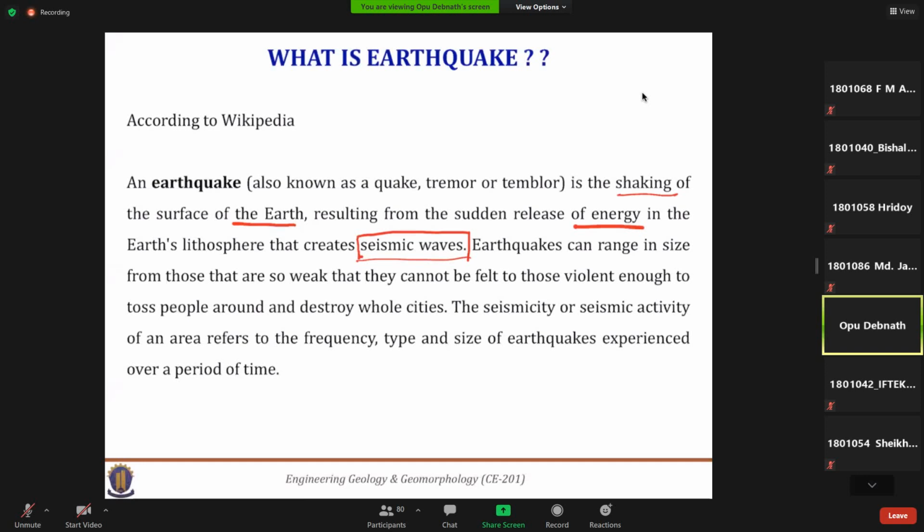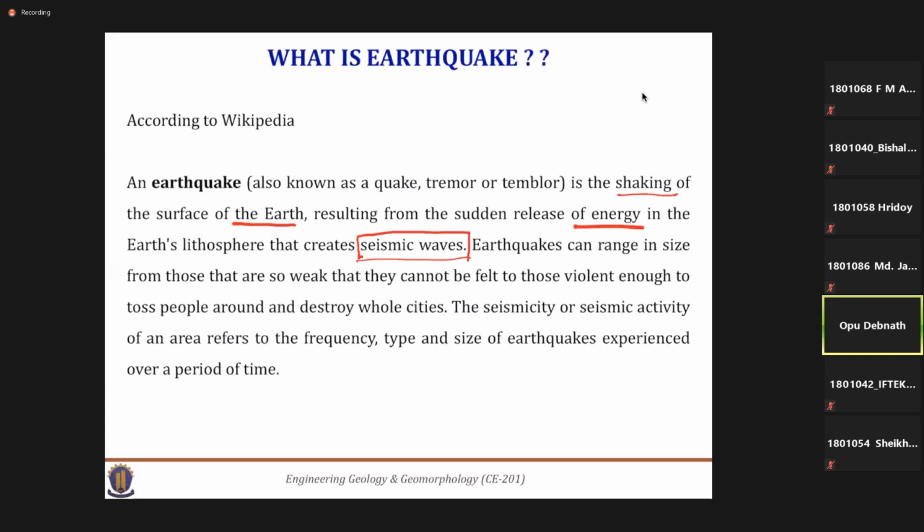And for the seismicity or the seismic activity for an area, suppose for Chittagong or Dhaka or any area, the seismic vulnerability or seismic activity will be defined in terms of the frequency. That means how frequently earthquakes occur in those areas, types of earthquake, size of earthquake.